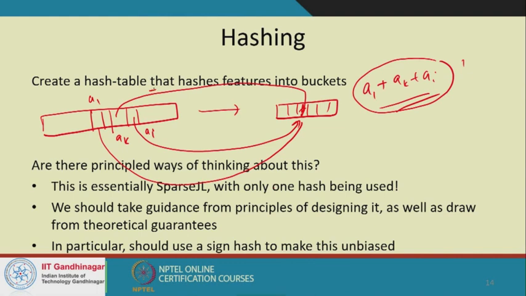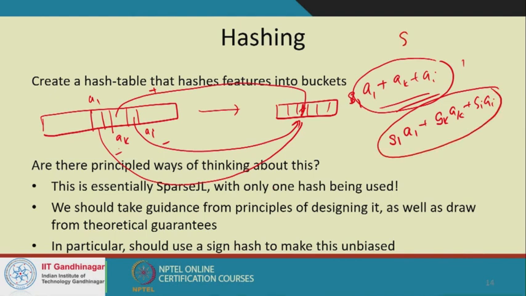Sparse JL was multiplying each of them by a random sign. So instead I should do S1 times A1 plus SK times AK plus SI times AI, where each of the SIs is a Bernoulli plus or minus 1 with probability half.